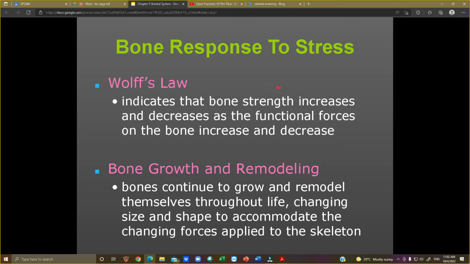So how they increase the strength of the bone is by remodeling. Bone continues to grow and remodel, meaning it keeps on changing. The shape of the bone keeps on changing. Bukanlah long bone jadi short bone, no, but the width keeps on changing based on function. Okay, size and shape to accommodate the changing force applied to the skeleton.